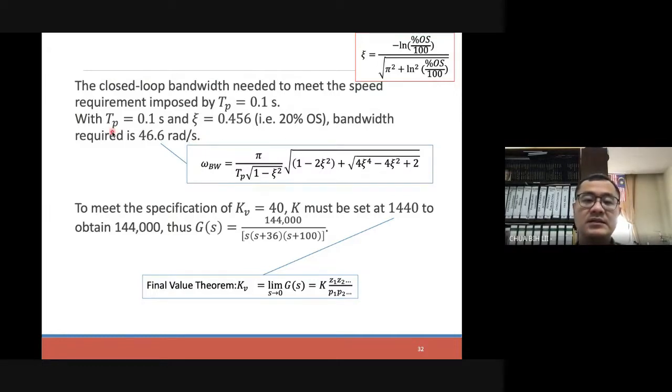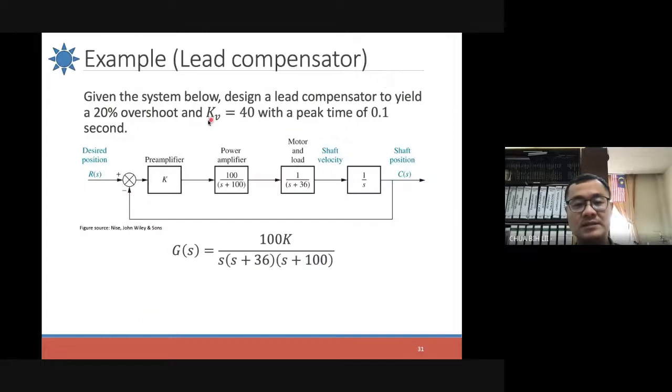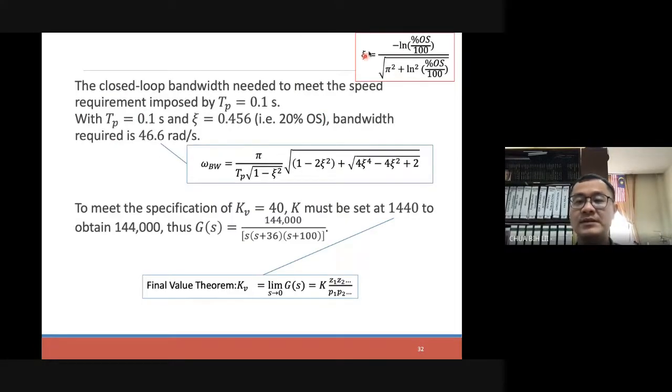The Tp is 0.1, the frequency is about 0.456 because of 20% overshoot. So remember this formula. Then the bandwidth would be 46.6. Put this into your equations, so you roughly get the bandwidth frequency.